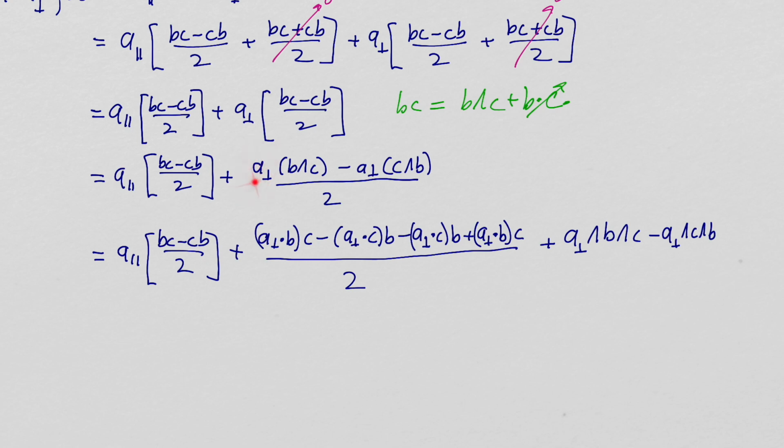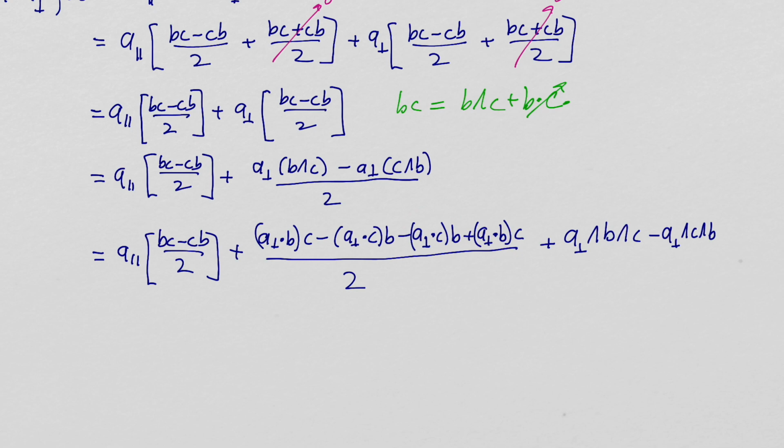But now I have the space-time product of a vector with a bivector. And I know how that works because I've taught you how that works, right? So this is going to be the dot product of the perpendicular part with B times C minus the dot product of the perpendicular part with C times B. And then this part has its own version, right?